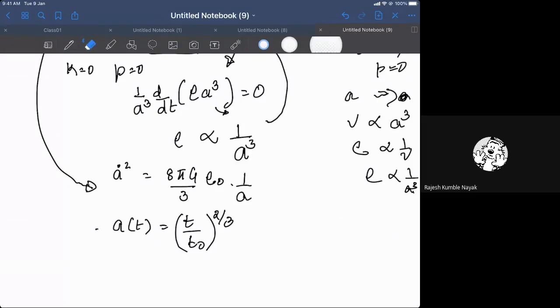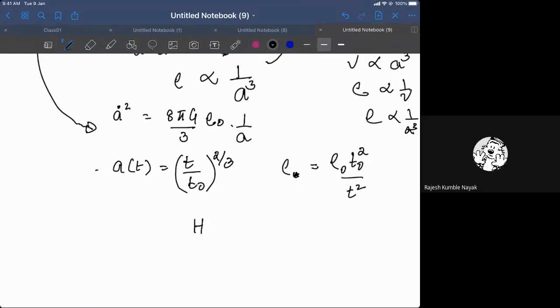You don't consider the full series, just an individual term, and then you get this equation, and you can see that the dusty universe model goes as t to the power 2 by 3. You can also calculate density. We have calculated a, so we can calculate density. How does it propagate? It is rho naught t naught square by t square. It goes as 1 by a cube.